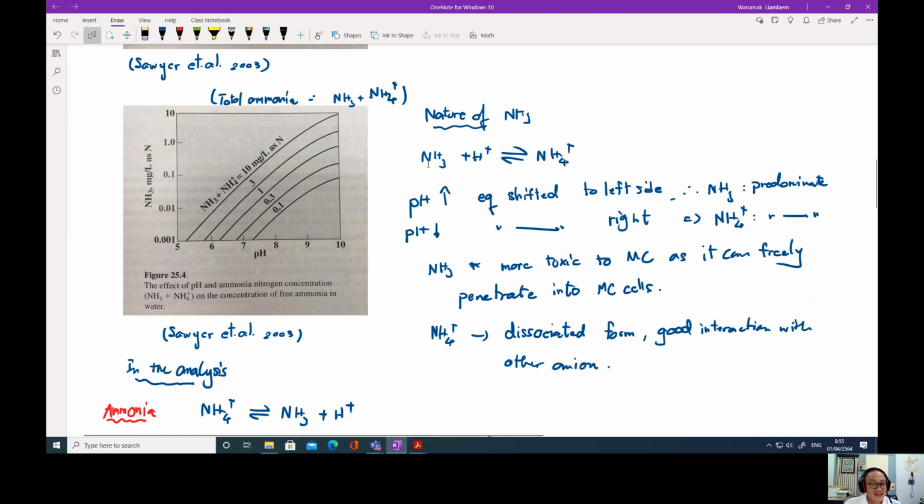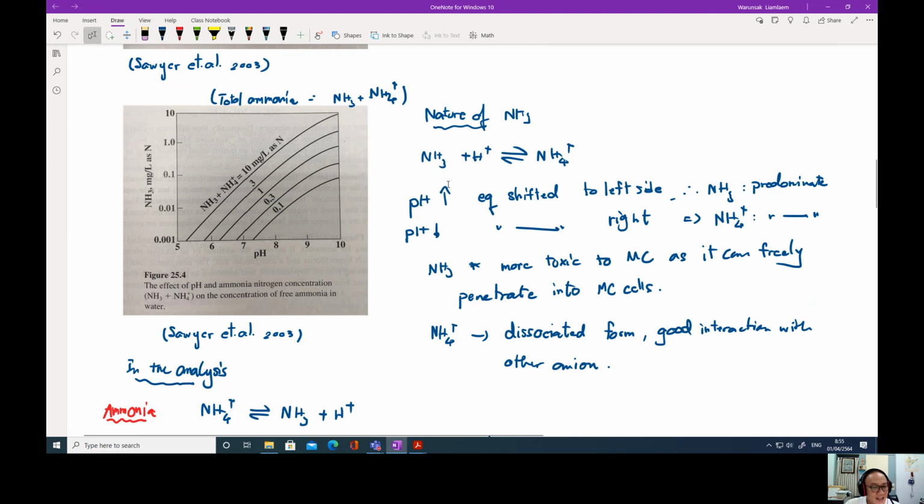But sometimes they also exist in this form, the undissociated form. This may be the form of ammonia that we are familiar with. But in fact, it depends on the pH, whether it exists in this form or this form. If you take a look at this equilibrium, ammonia plus the hydrogen ion becomes NH4 plus.